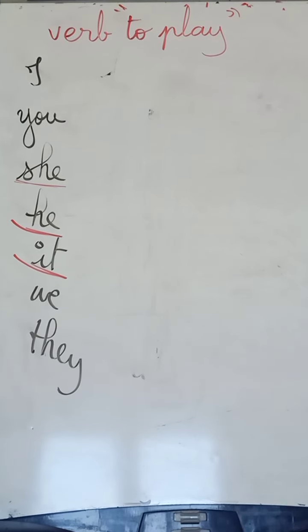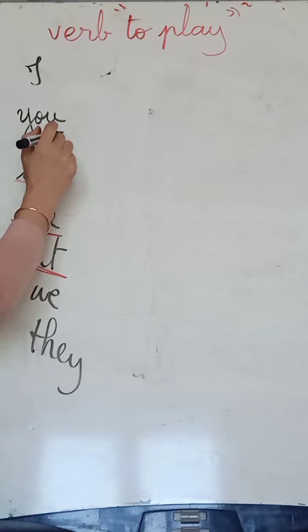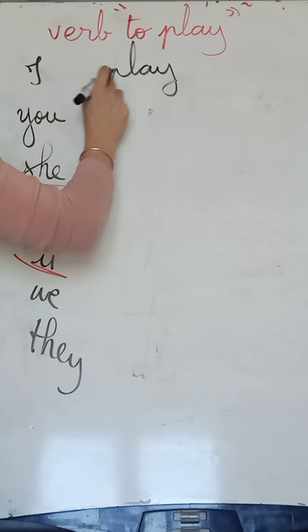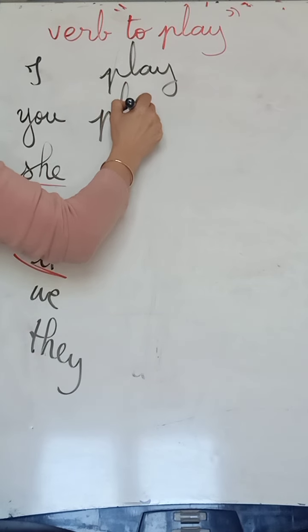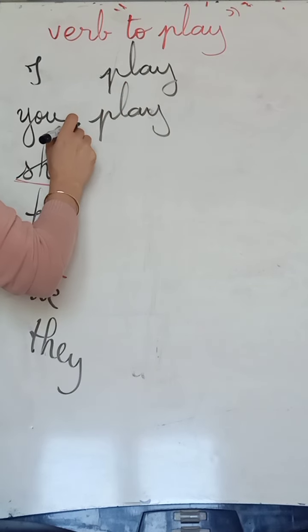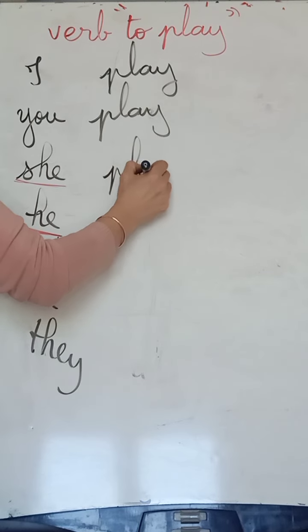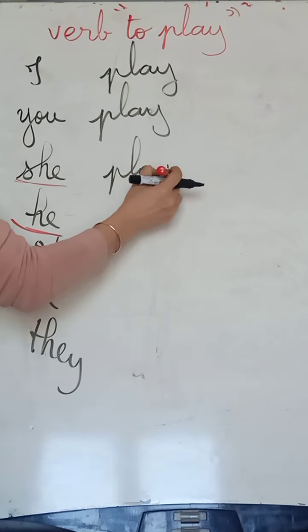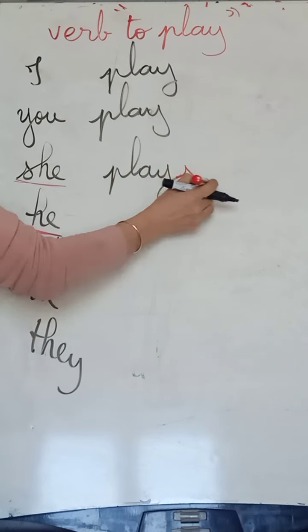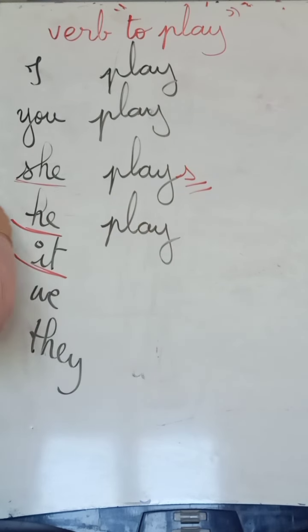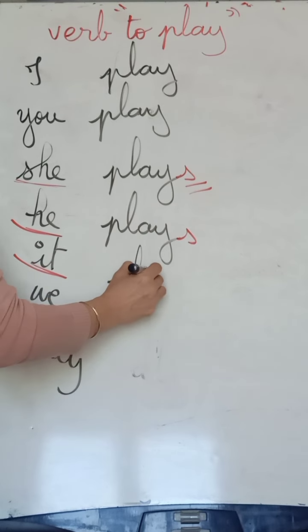Now let's take another verb, which is verb to play, le verbe jouer, ألعب. I play, أنا ألعب, you play, أنت تلعب, or أنت تلعبين. Okay? She plays, here I add an S, like, he plays, an S, it plays.